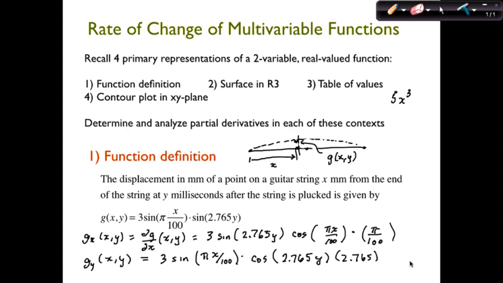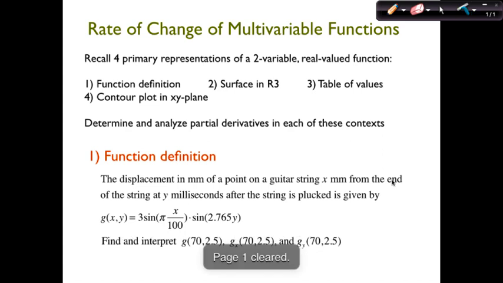Agreed? We good? Okay. So now we want to evaluate those. We're going to do some analysis here. You've got those written down in your notes, so I can erase this. I want you to find and interpret g of 70, 2.5, the partial with respect to x at 70, 2.5, and the partial with respect to y at 70, 2.5.